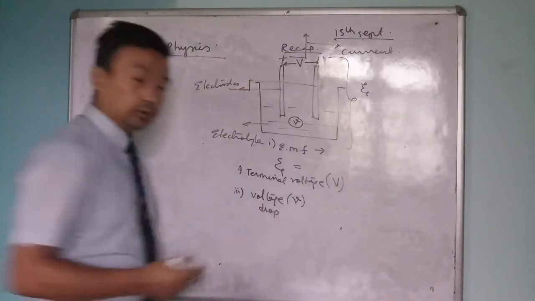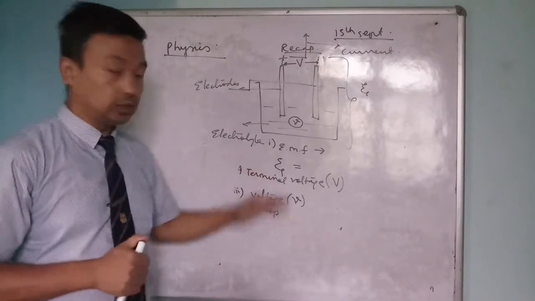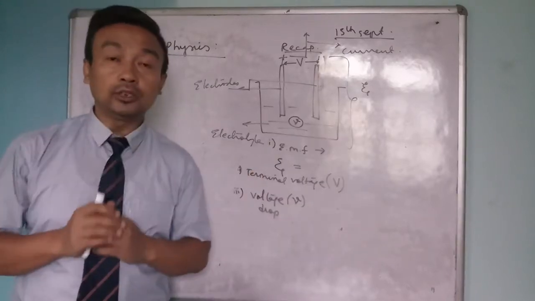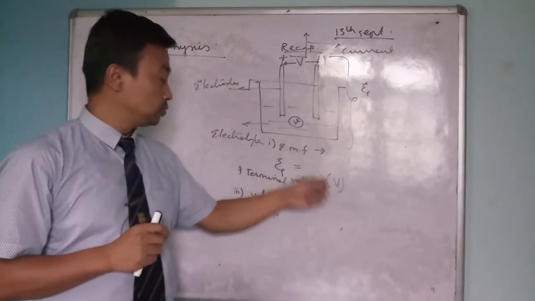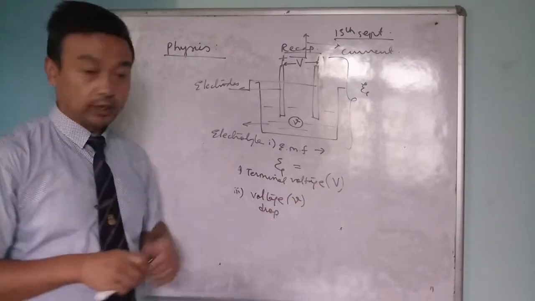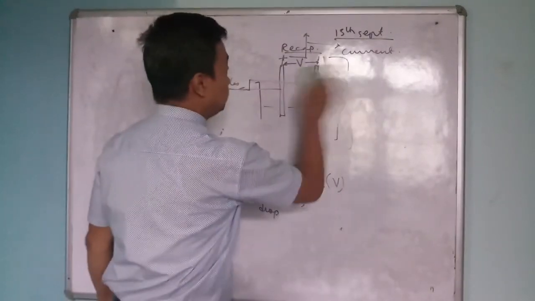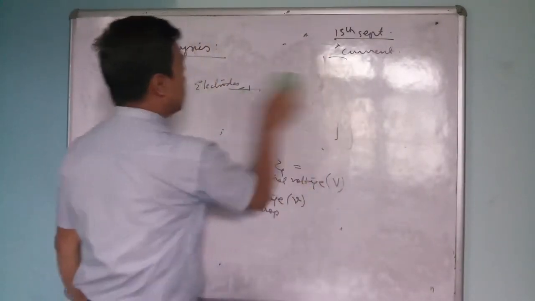Now we have one important topic today. Based on this, you have to obtain the relationship between the EMF, the terminal voltage, and the voltage drop. Let us do that quickly. For that I'll make a simple circuit diagram.